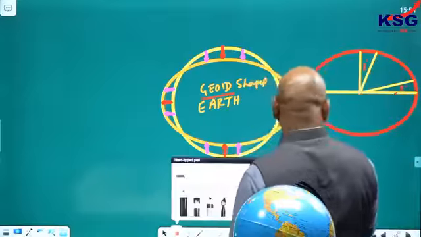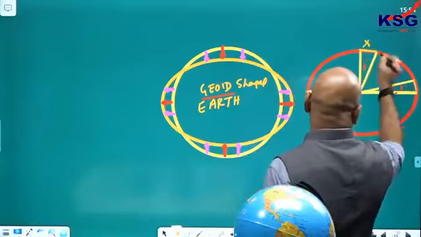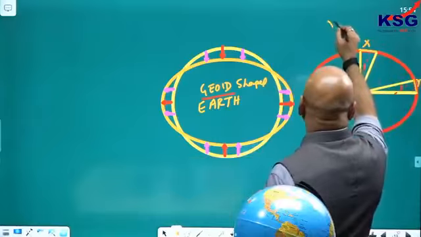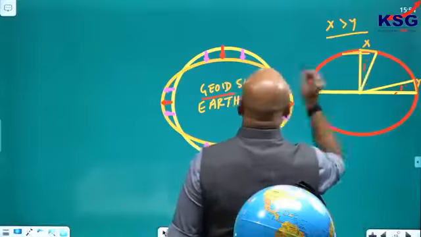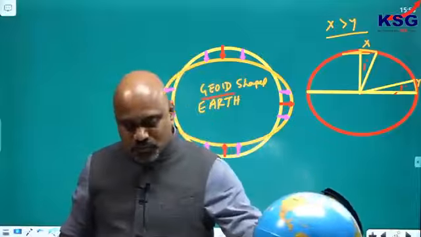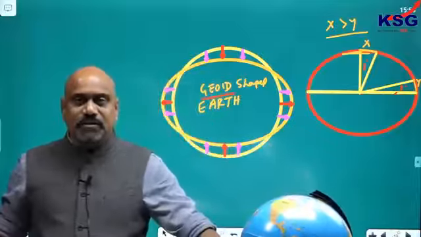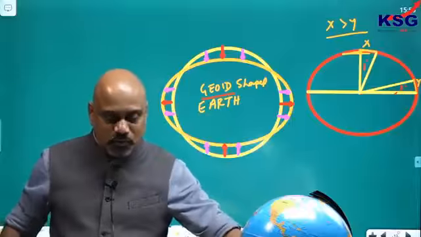This distance is more: if this is x and this is y, x is more than y. Because of the flatness here, the aerial distance coverage will be more.